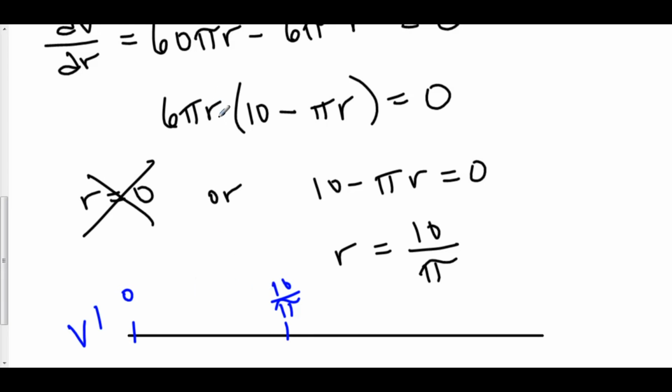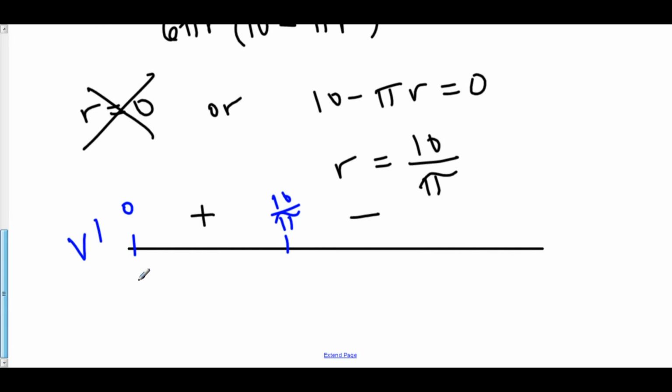If we plug 1 in, we have positive on the outside, and 10 minus pi is positive on the inside. So this is positive right here. To the right of 10 over pi, let's just try 10. Positive out here, and inside 10 minus, oh, that's going to be huge. So this will be negative over there.